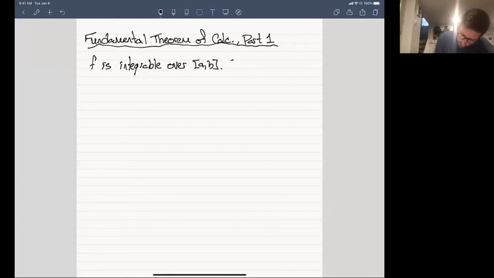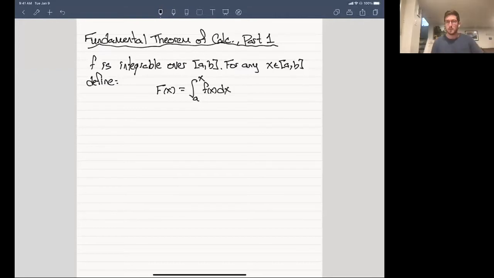And then we're going to say for any x belonging to [a, b], so any point between a and b, I'm going to define this sort of weird function. So capital F of x is equal to the definite integral from a to x of f of t dt.